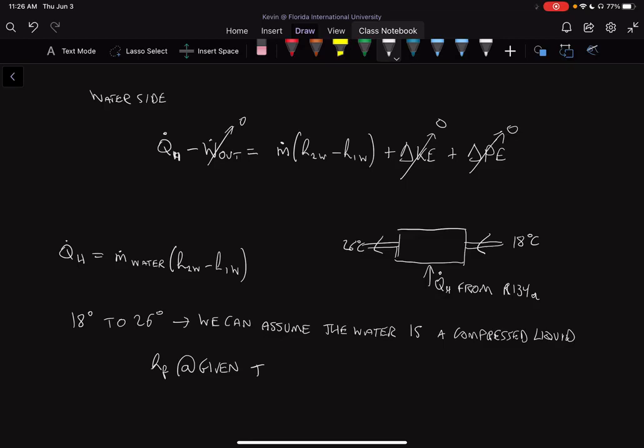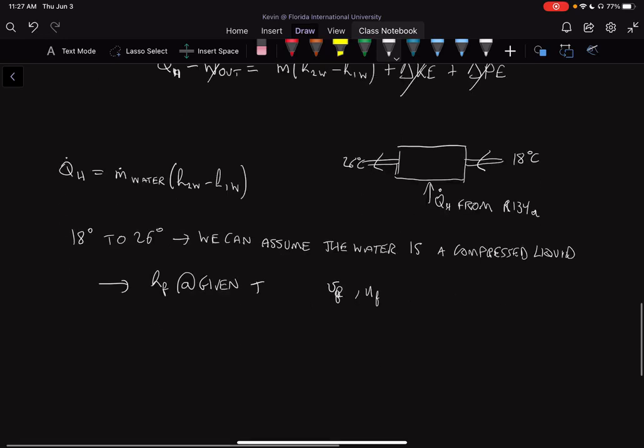If we find HF at given temperature, that would give us our H for the compressed liquid water, assuming that the pressure is not too high or too low, where the water would actually be steam. But I think that we can make a safe assumption that we have a compressed liquid, and we're going to use our special rule that says find HF at a given T. We could also find VF and UF, but in this case, it's not going to be useful for our problem.